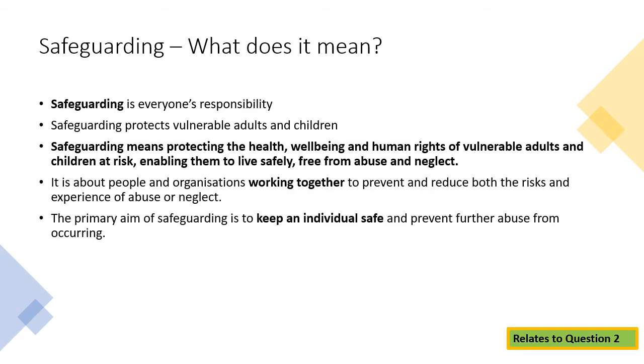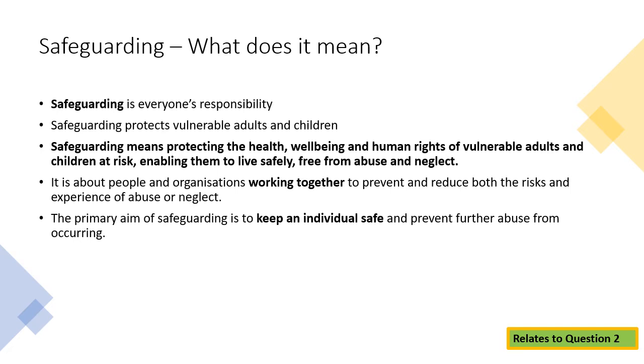Okay, so safeguarding is everyone's responsibility. Now, we may look a little bit more on this later on through the session, but it's really important for you to understand that safeguarding is your responsibility, no matter what. If you're working with children in the care environment, you have a responsibility to protect children and keep them safe. You need to protect vulnerable adults and children.